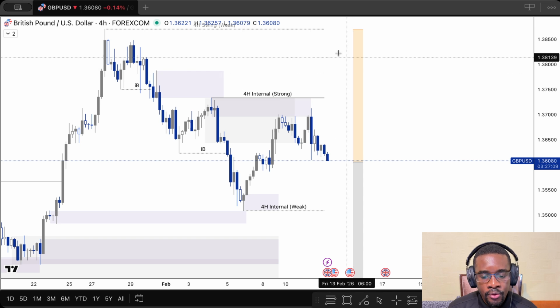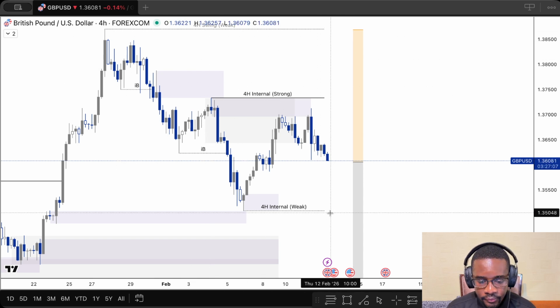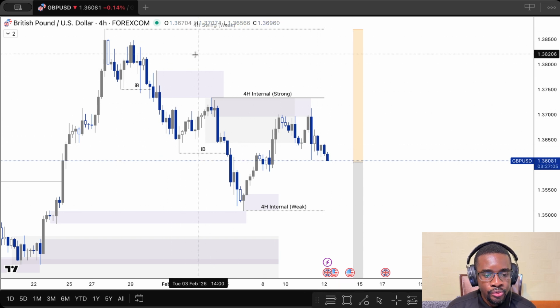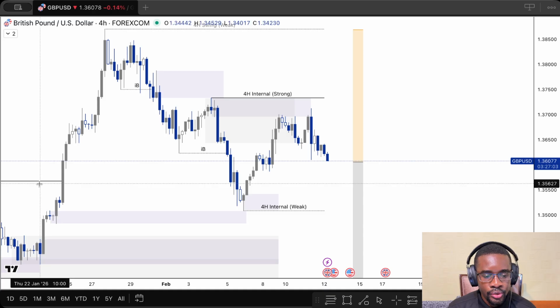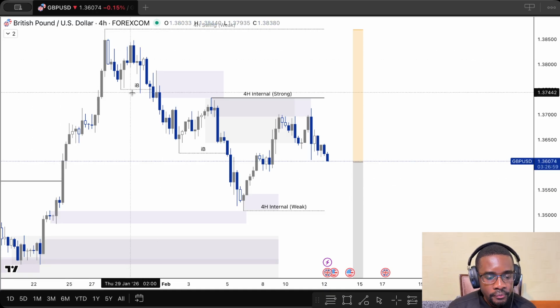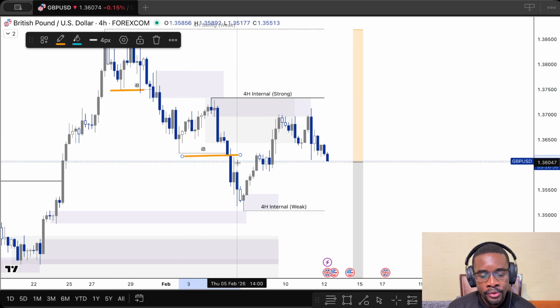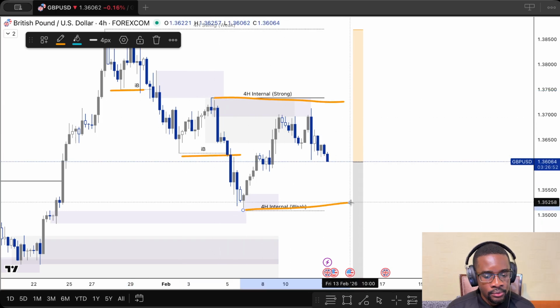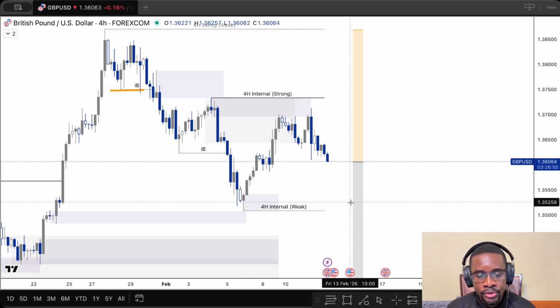So looking at the 4-hour, 4-hour swing is bullish. Okay, this was our last swing break of structure, but internal we are bearish. Okay, this is our swing range, our internal range. So internal range, we're bearish.